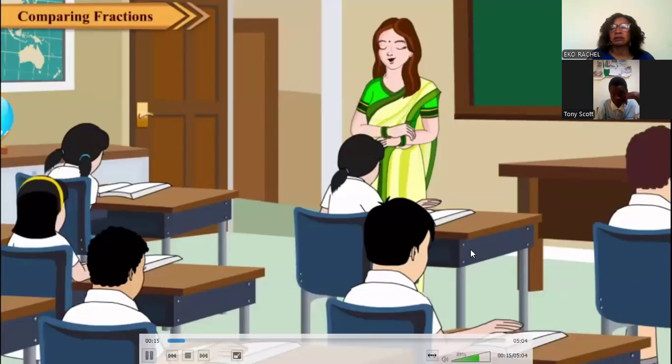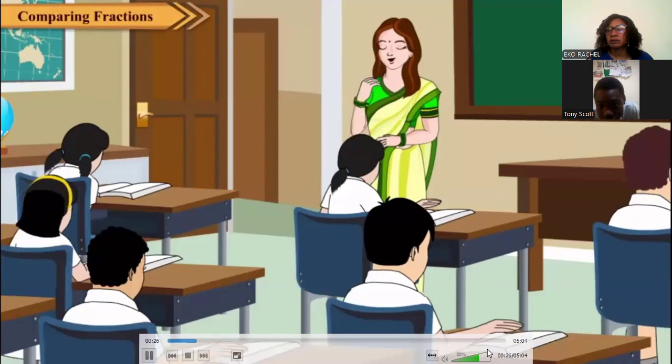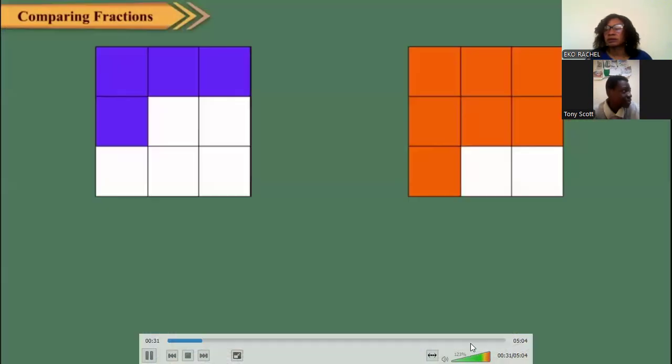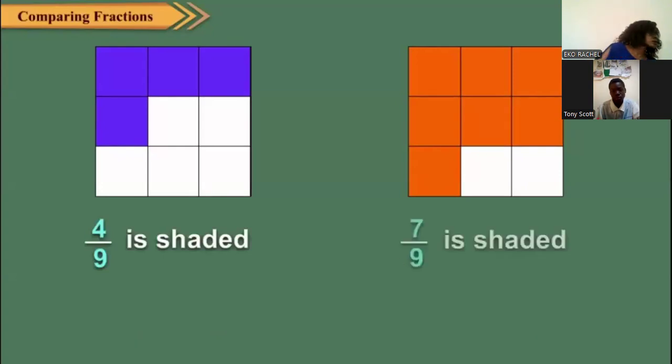About equivalent fractions, lowest term of fractions, addition and subtraction of fractions, etc. Let us extend further the knowledge of fractions. We start with comparing fractions. Observe figures. In the first figure, 4/9 part is shaded, and in second figure, 7/9 part is shaded.